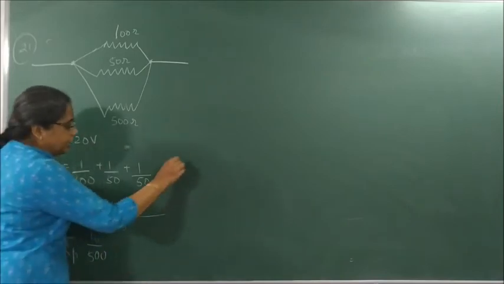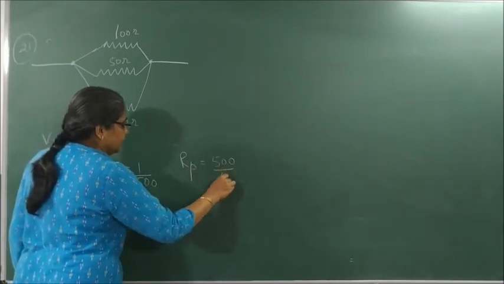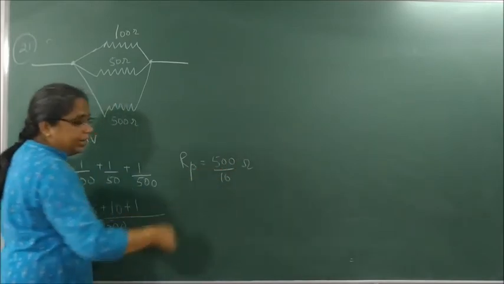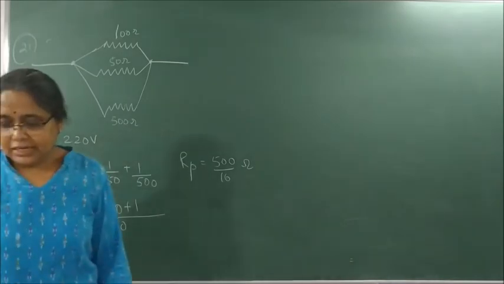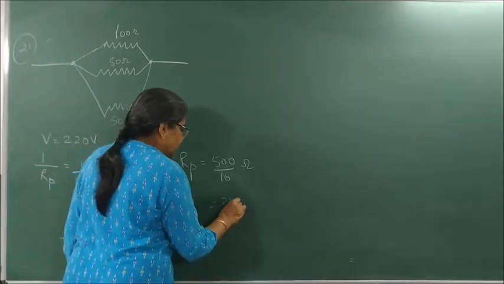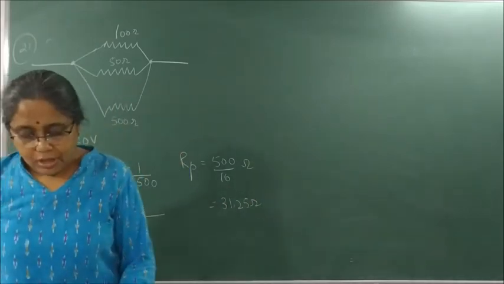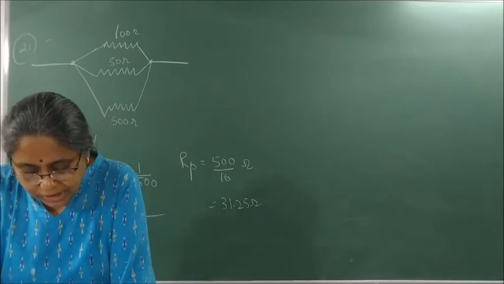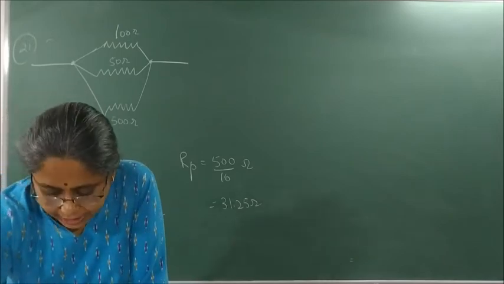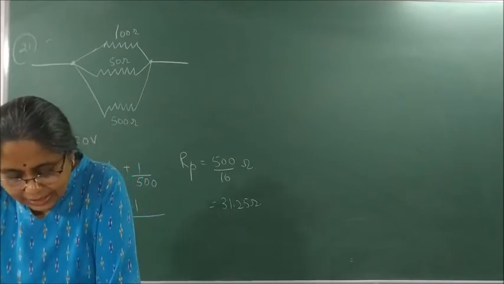So Rp is equal to what? 500 by 16 ohms. Divide that 500 by 16. 31.25. Correct. So you get Rp as 31.25 ohms.